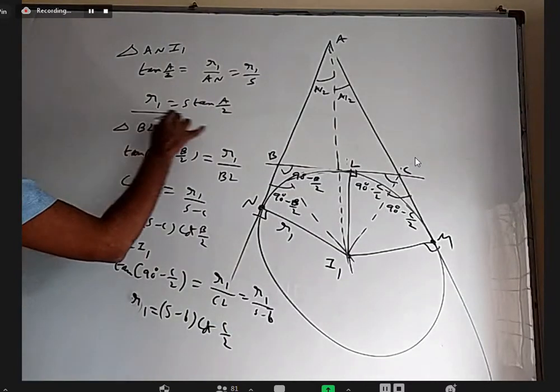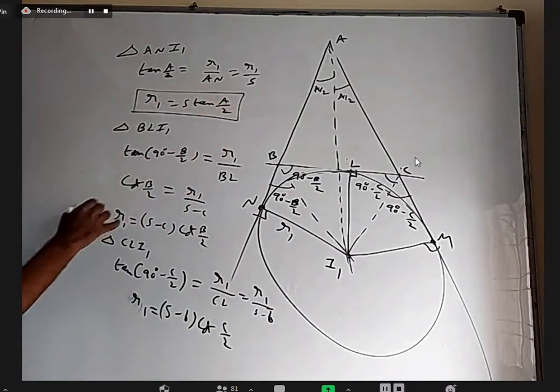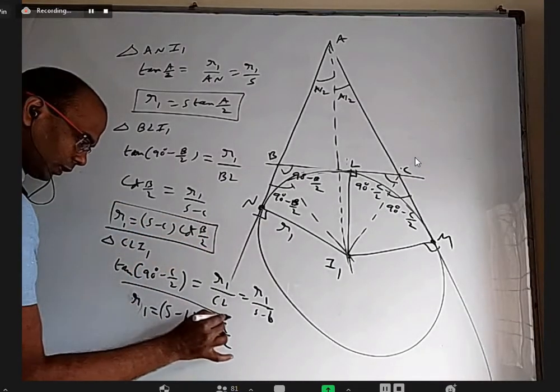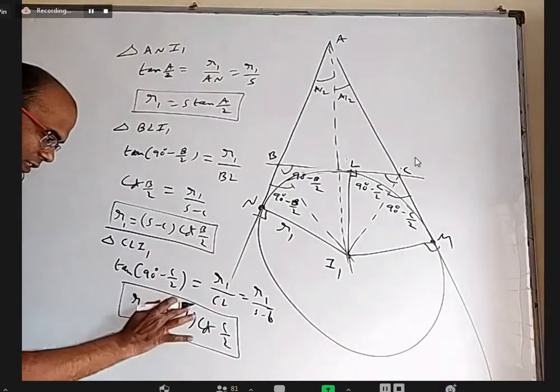So we got three formulas: R1 equal to S tan A by 2, S minus C cot B by 2, or S minus B cot C by 2.